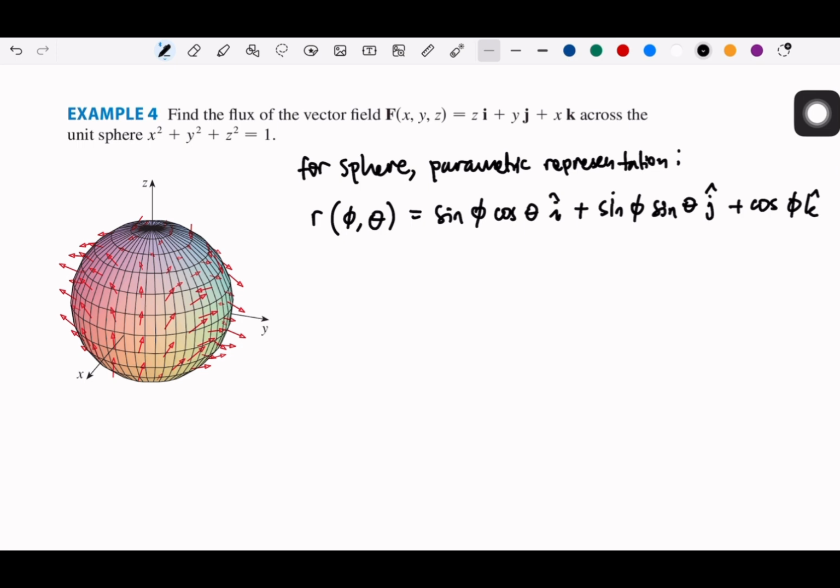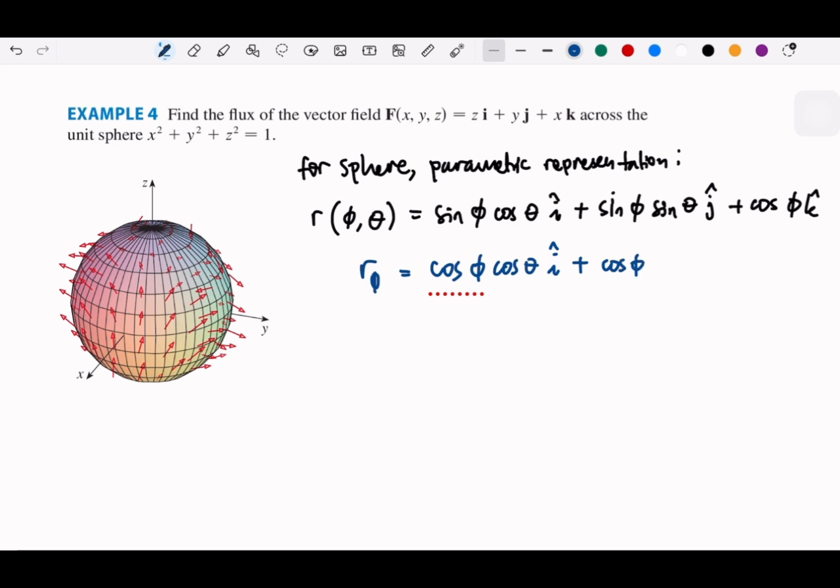From this r we could find the partial derivative for each of them. So r_phi is cosine phi cosine theta i plus cosine phi sine theta j, and then this is not 0, it is negative sine phi k.